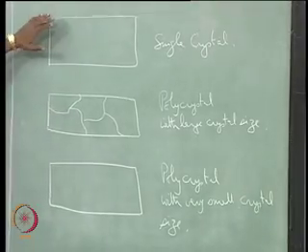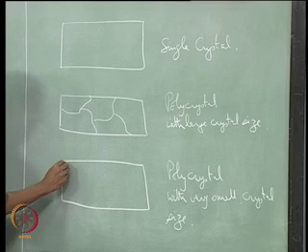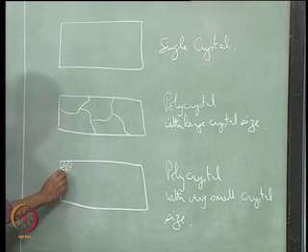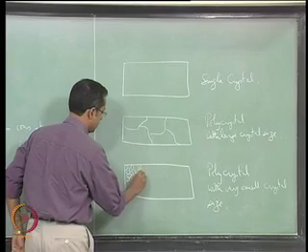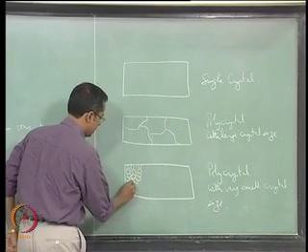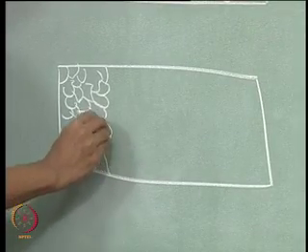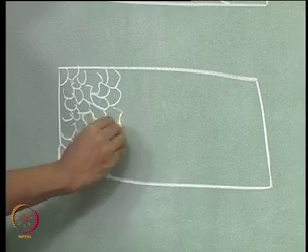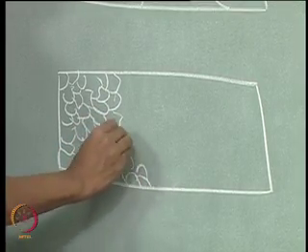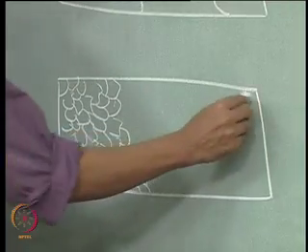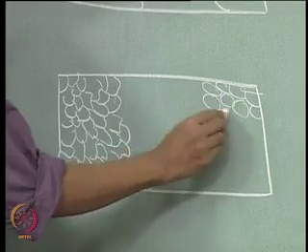Okay, so we have three cases here. We have a single crystal, a polycrystal with a large crystal size, and a polycrystal with a very small crystal size, relatively speaking. We will just quickly draw this, then we can compare these.